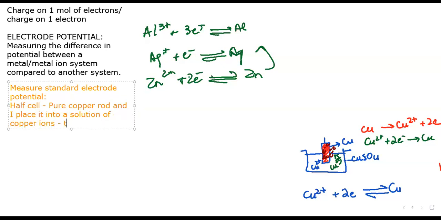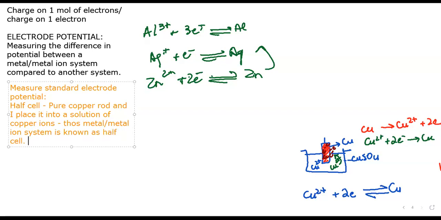This metal ion system is known as a half cell.